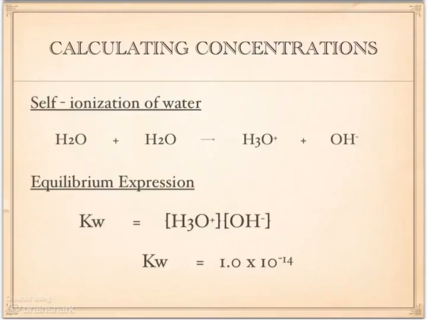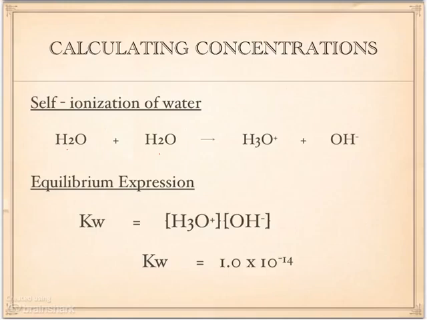So just a little bit of background on where your equilibrium expression is going to come from. Basically, if you were to do something called self-ionization of water, or just basically if you were to have H2O together with H2O, what would it form from there?